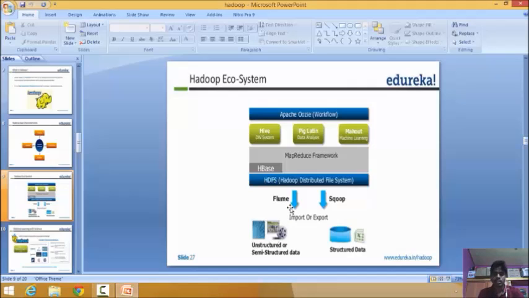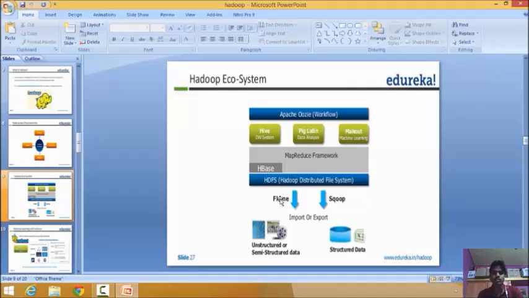Let us look here. Flume, Sqoop. What is Flume? What is Sqoop? If you want to import the data from HDFS to your local Oracle software, we use Flume and Sqoop for importing and exporting.